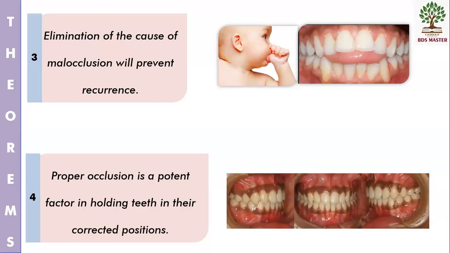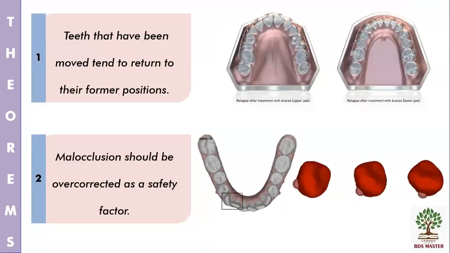Okay, the second one is actually that elimination of the cause of malocclusion will prevent recurrence. Third one is that the malocclusion should be overcorrected as a safety factor. So what do we mean by overcorrection? Anybody? Why overcorrection? What do you think overcorrection will do?